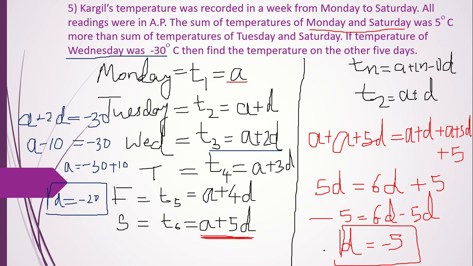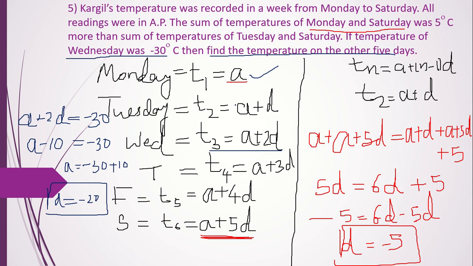Now you just put the value of A and d in these. You have to find the temperatures on the 5 other days. This T3 we already know, T3 is minus 30, it's given. The 5 other days means T1, T2, T4, T5 and T6 you have to find. A we got minus 20 and d is minus 5. So T1 is going to be minus 20.